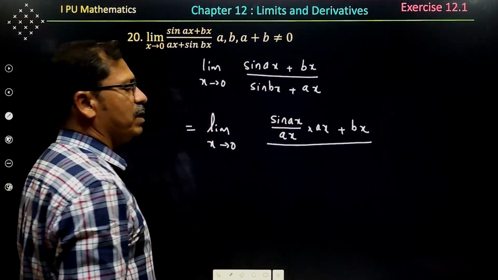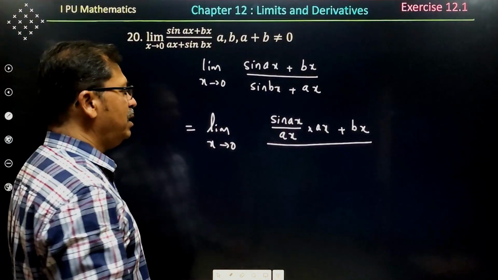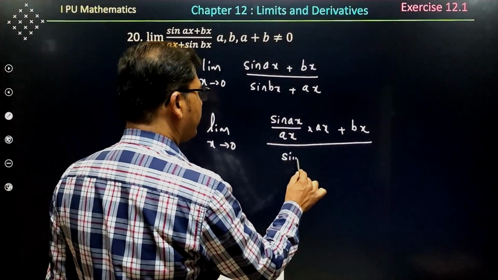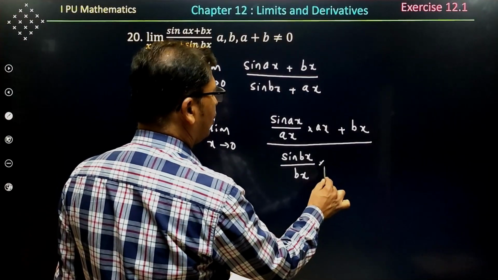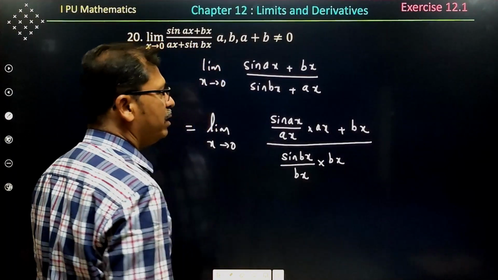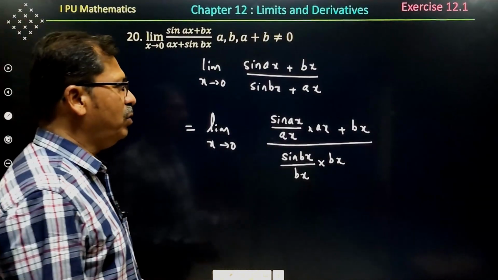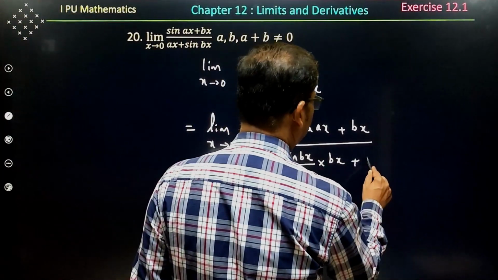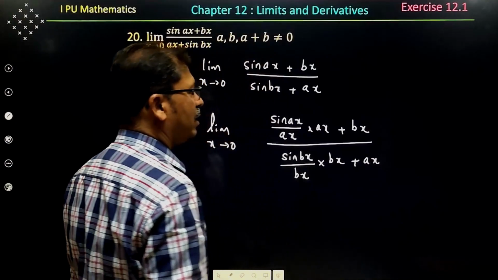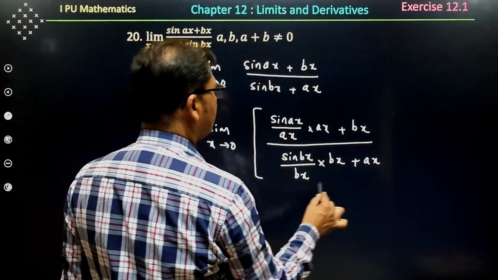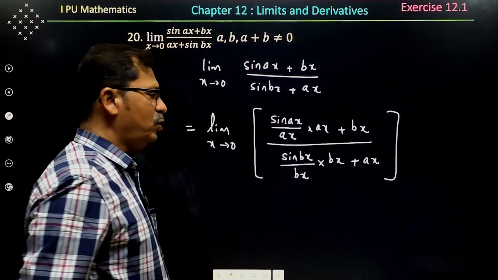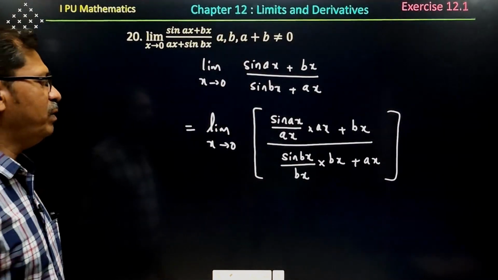Divided by sin bx, write sin bx divided by bx. In order to tally this, you multiply by bx. And then plus ax you have to write. Limit x tends to 0 is there outside. It is applicable to both numerator as well as denominator here.